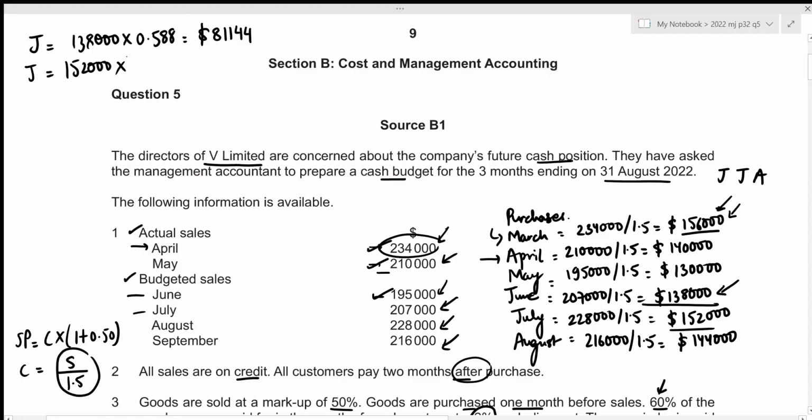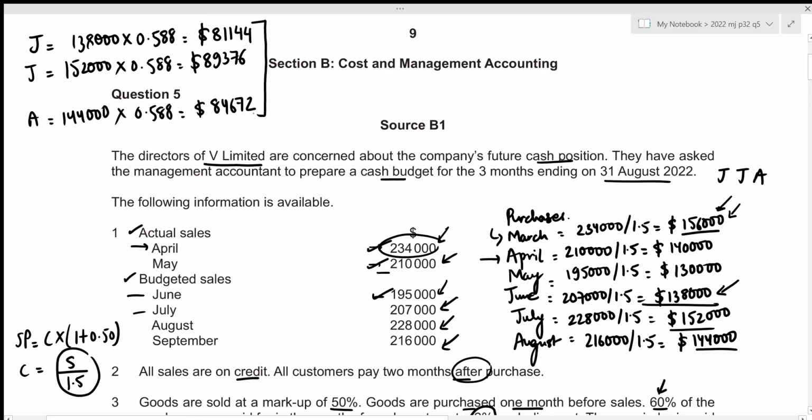Then we just multiply it by 0.588, which results in the amount of 89,376. And for the month of August, we have the calculated amount of 144,000 times 0.588, which results in the amount of 84,672. So we just need to record these three amounts under the heading of current month's purchases. Let's write it down.